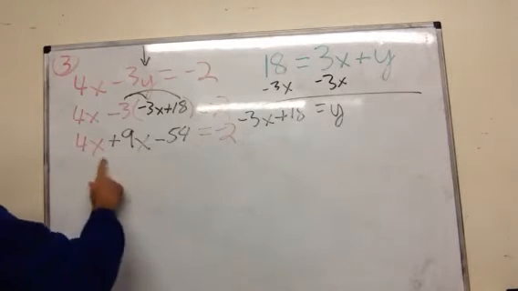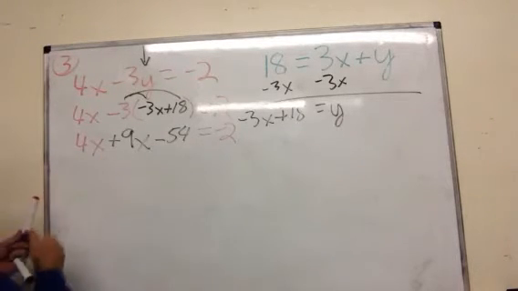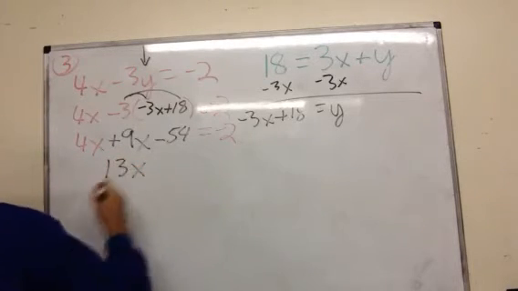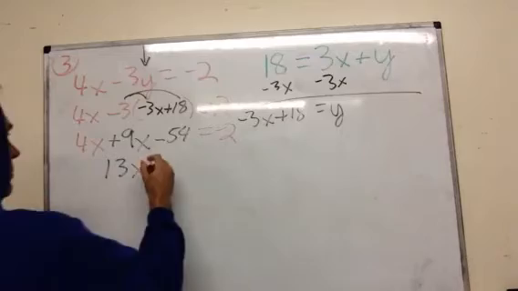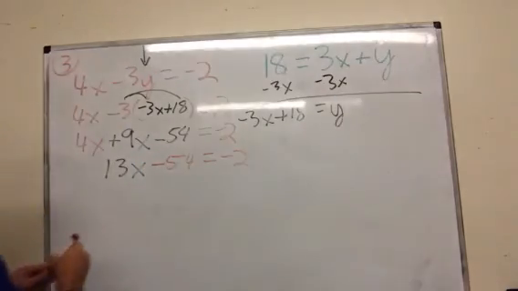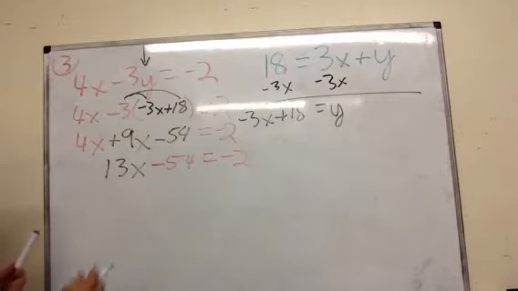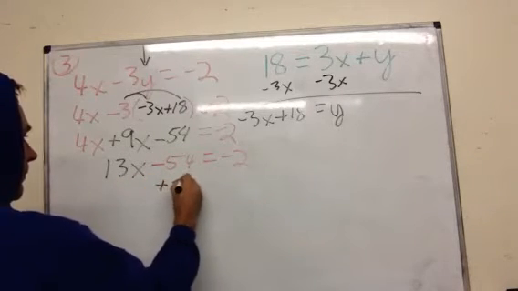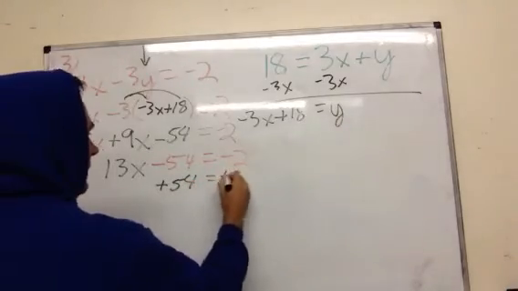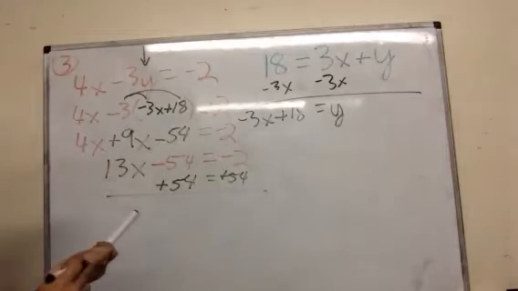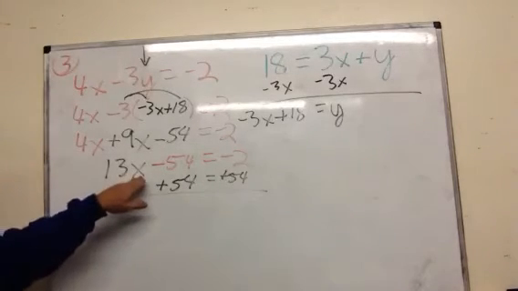Combine your like terms. 4x plus 9x is 13x. We didn't do anything with this minus 54 or this negative 2. Now we add opposites. We're trying to get x by itself. We add 54 here. Remember, you're always looking to take things away from where the variable is.